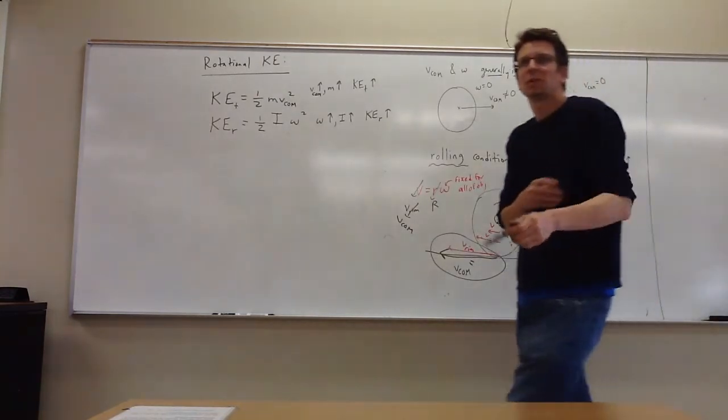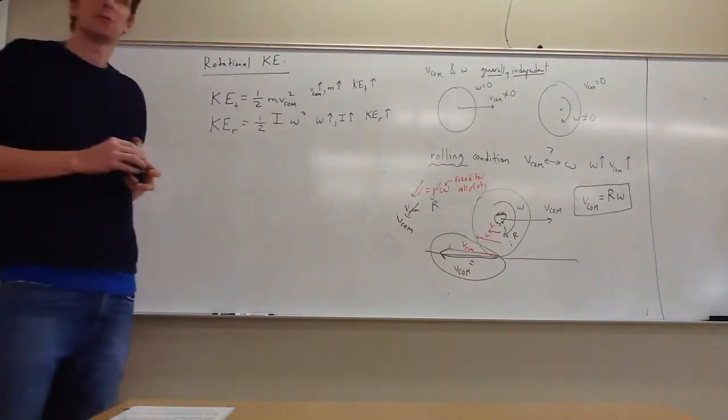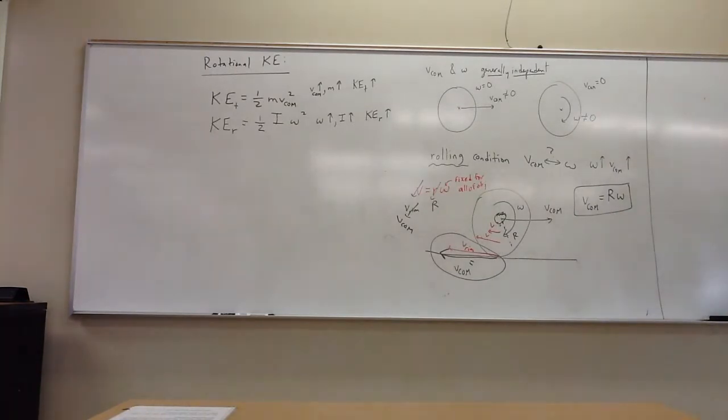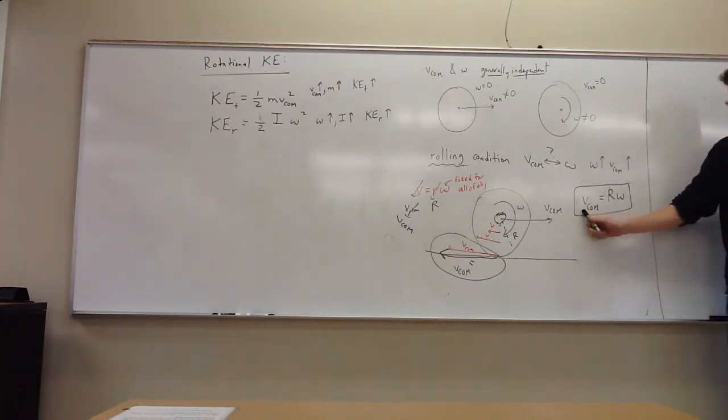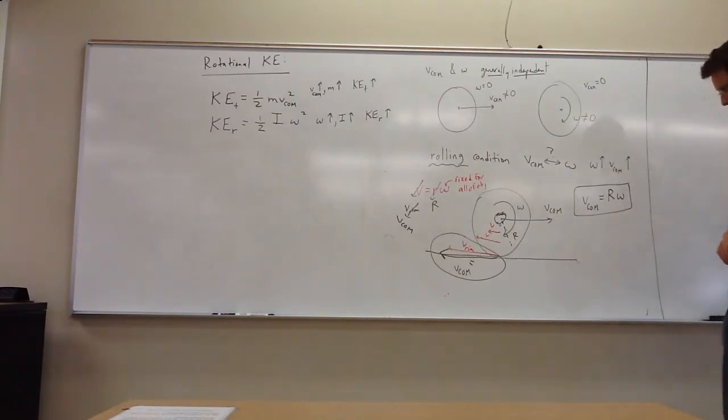I said there should be a relationship between how fast the center of mass moves and the rotation rate, and there it is. I said that when one is bigger, so should the other, and that's certainly the case. In fact, they're directly proportional, which means that if you want to move twice as fast, you have to rotate twice as fast too, in order to maintain proper rolling.